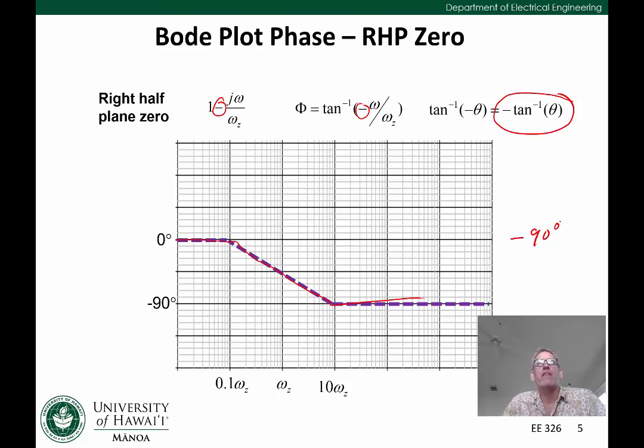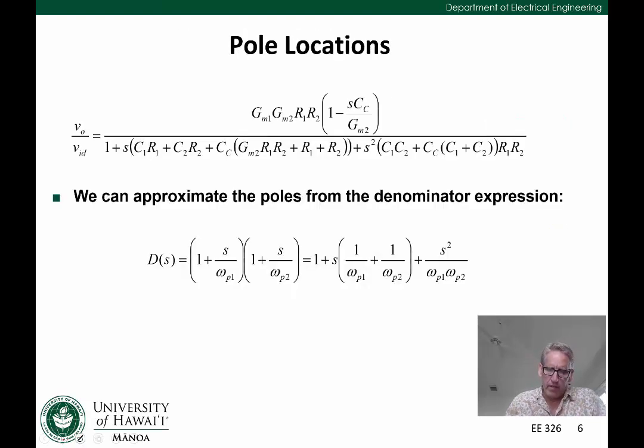Now you can imagine that if we have this in our circuit, a negative phase shift like this is going to have problems for stability, right? That's going to take away from our phase margin if this zero is close in frequency to omega p2. So we're going to have to address that. We'll see that in just a second in our Bode plot.